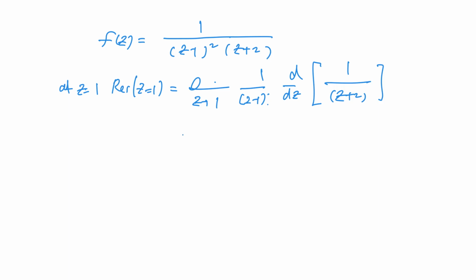So it becomes the limit z goes to 1 of minus 1 over (z plus 2) squared, which is minus 1 over 9.